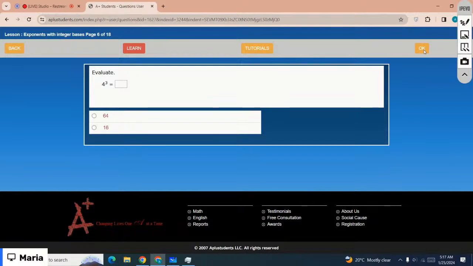The correct option is 4 cube. That is 4 times 4 is 16 and 16 times 4 is, yes, that is 64. The correct option is 64.